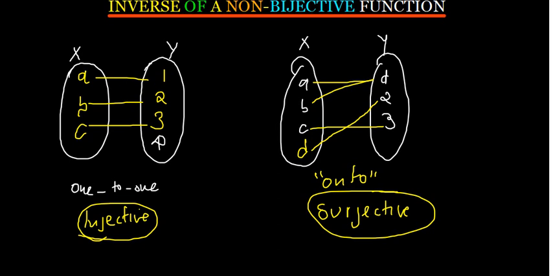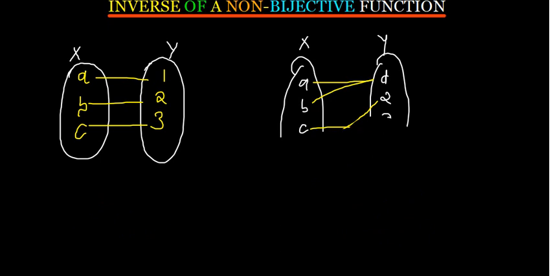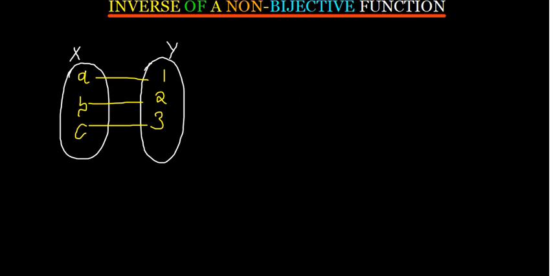Why? Because it is one-to-one. So if I remove this 4 here, you can see that all the elements in y are paired, meaning this function is surjective and it is also injective. Because it is both surjective and injective, we say that this function is bijective.